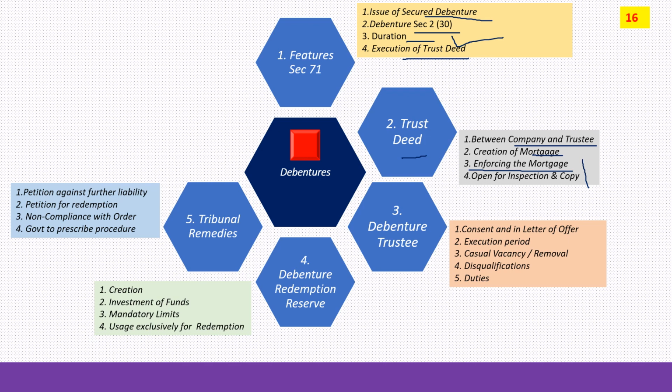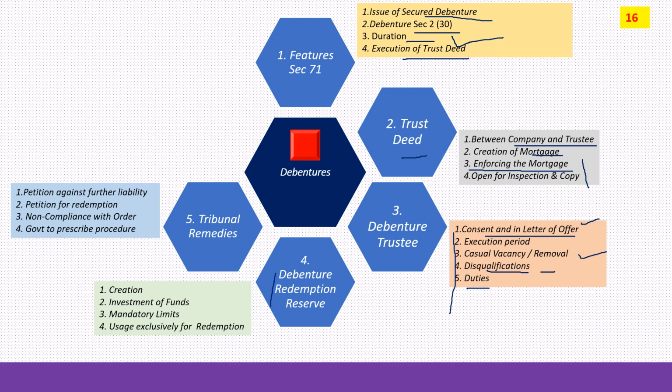The debenture trustee is an important position. His name has to be there from the beginning in the letter of offer. His casual vacancy, how it is to be filled up, when he can be removed, what are his disqualifications to remain a fiduciary person, and what is his ultimate duty of protecting the interest of debenture holders?